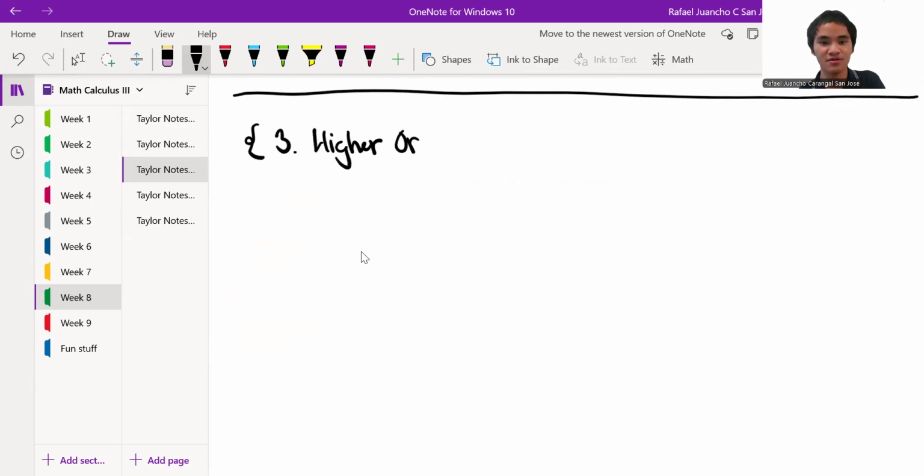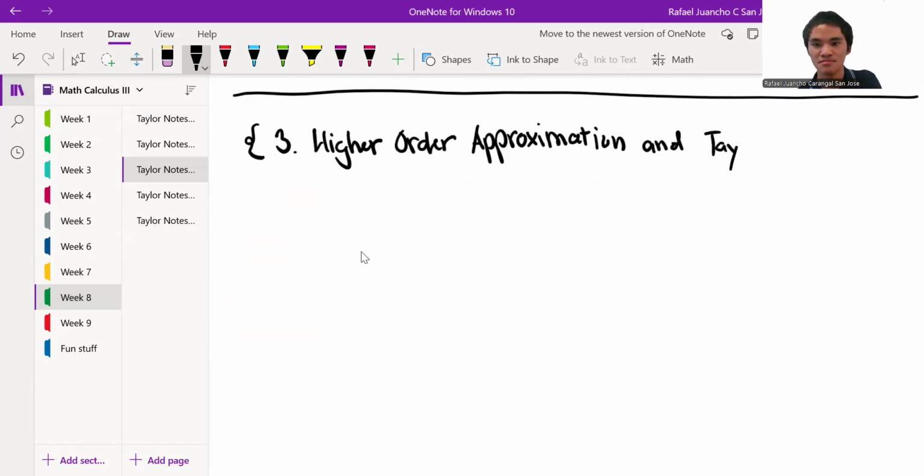It's the higher order approximation. And Taylor's inequality. I'm not sure what that is yet. We're gonna see what this is in a bit.